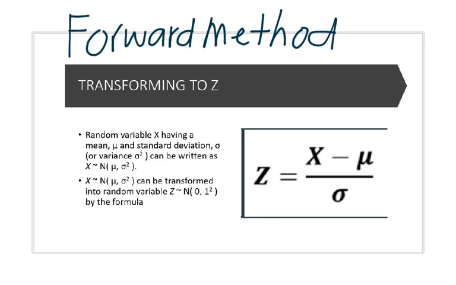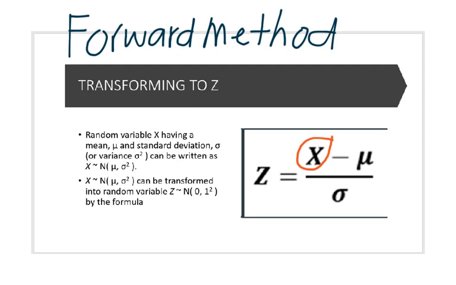We are going to use this formula: z equals x minus mu divided by sigma, where z is the z-score, and x represents the value of the real variable that we want to know. In the example I gave you, what is the probability that people have a height less than 175 cm?